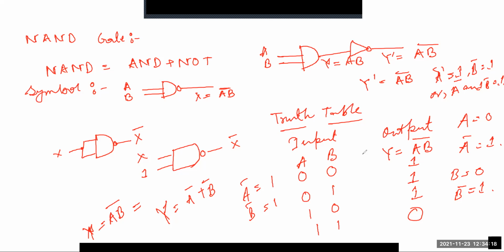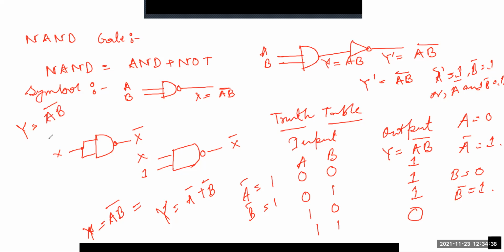So from this we can conclude that the NAND gate can perform the OR function. First we saw the expression of the NAND gate, that is Y equals AB bar.